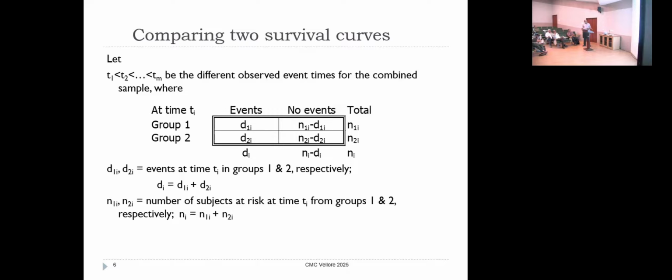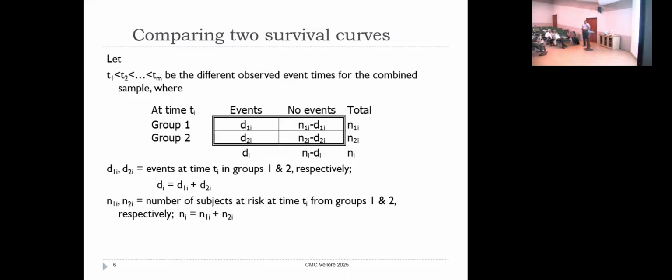So every time there is an event, overall for the combined sample, and each one of those, you can find out how many people are continuing to be at risk in group 1 and in group 2. And out of those, how many get an event out of those at risk, and how many get an event here out of those at risk.